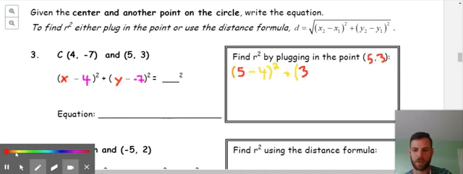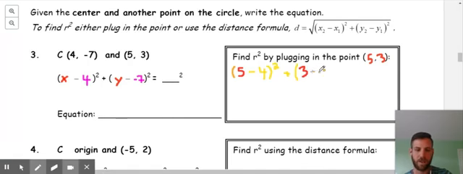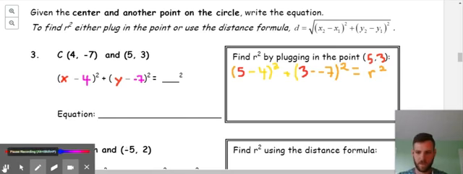And then subtract our -7 and square that. And this is all supposed to be equal to r squared. So we could basically put that whole left thing into our calculator exactly as it's written and figure out what r squared is supposed to be equal to.